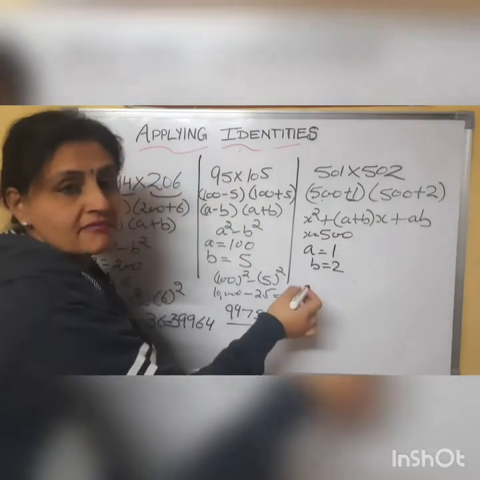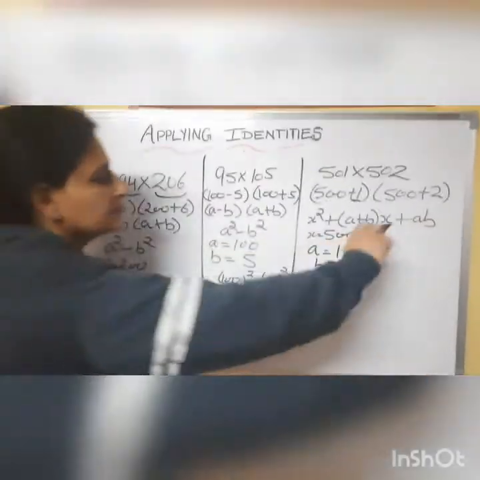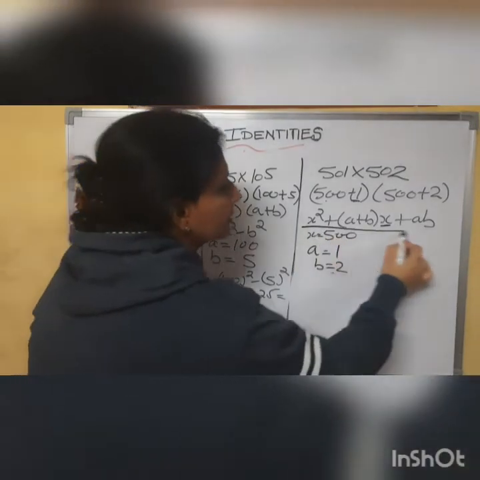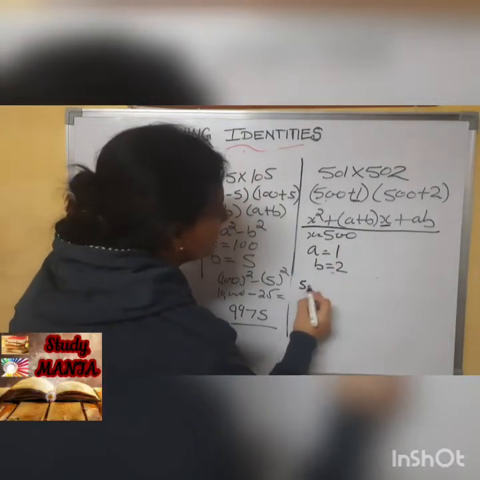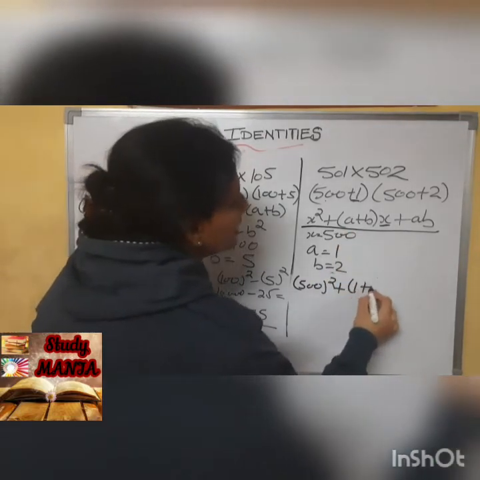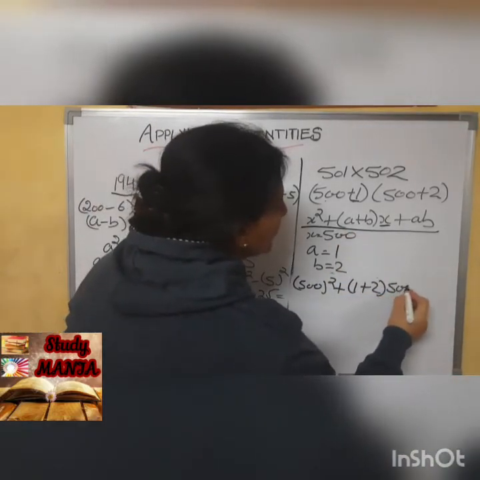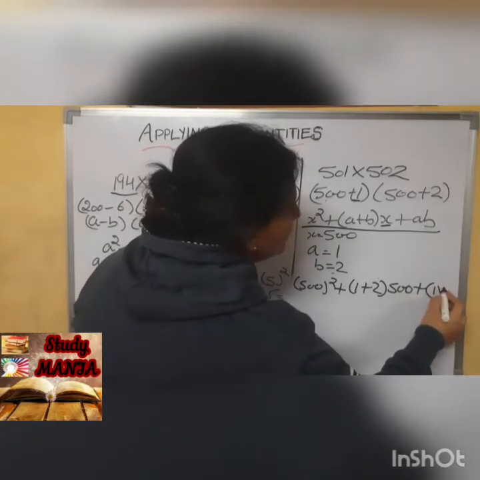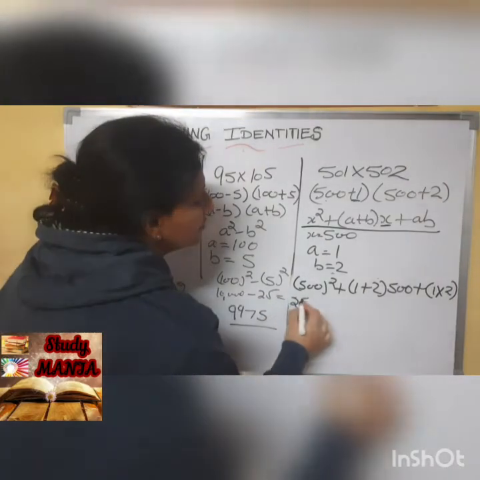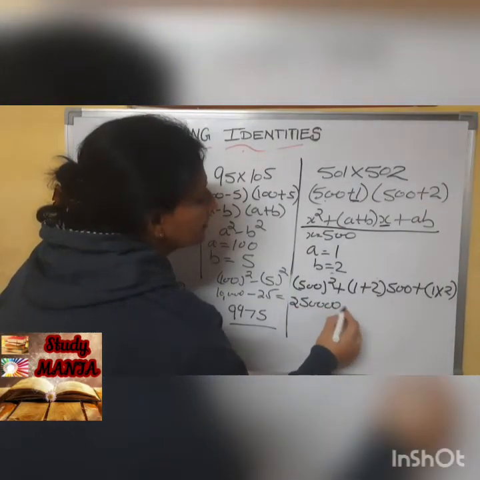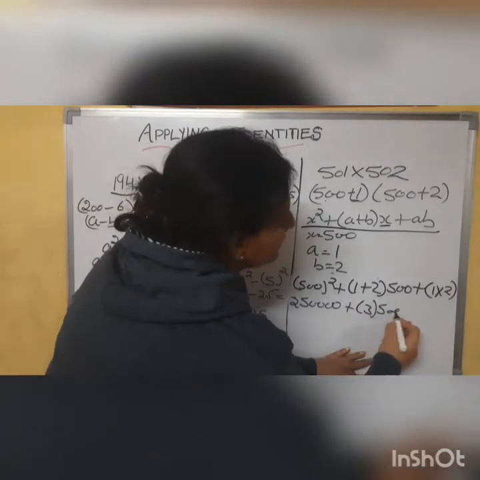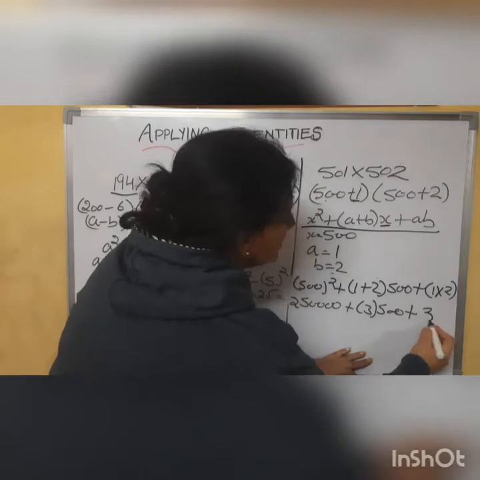Now let us substitute the values into the given identity. Putting the values into the given equation gives 500 square, plus the value of a, 1, plus 2, multiplied by 500, plus ab which is 1 into 2. 500 square stands for 250,000. 2 plus 1 is 3, 3 multiplied by 500, and 2 ones are 2.